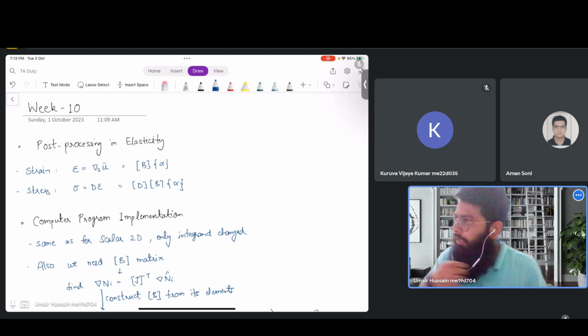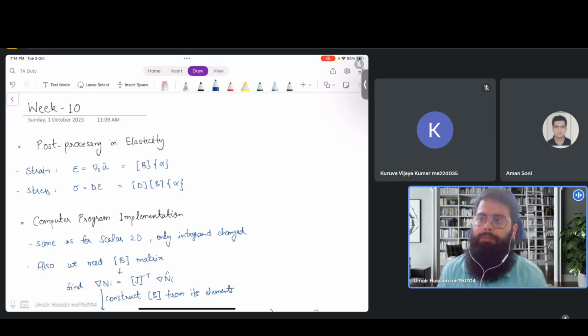Till week 9, we started with the 2D FEM, so I'll just quickly summarize. We started with the basics of variational principles, and then we extended the discussion to 1D FEM, the steps in the finite element method. We discussed the basic procedure in any FEM problem.